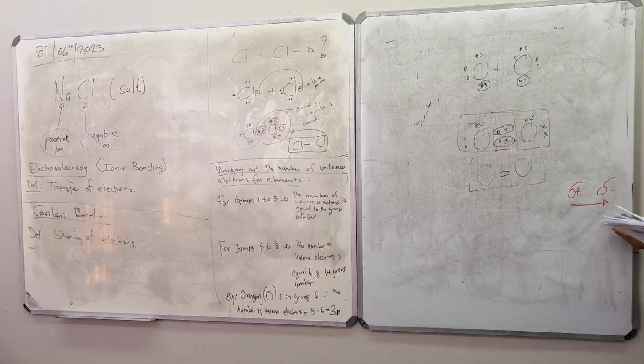And on this side, it's going to be sigma positive here and sigma negative here. And then we're going to say electronegativity and electronegativity. Let's take this down here, folks, right?